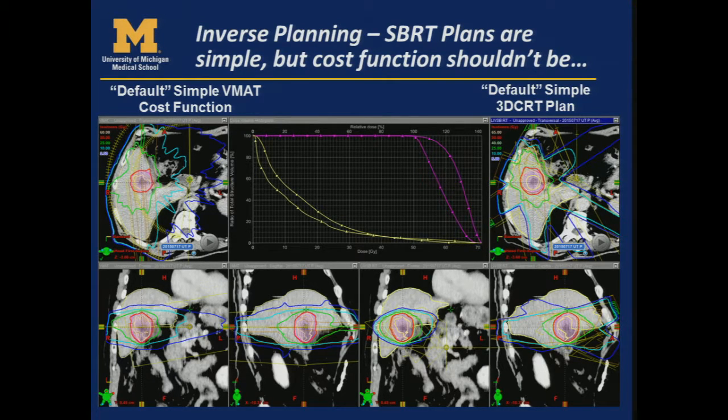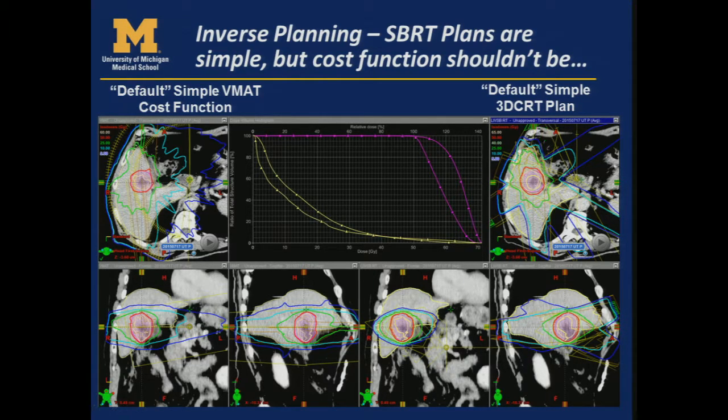Just a little thought about inverse planning. Many SBRT plans are actually very simple. We choose to use VMAT on them because it's a little bit faster for the delivery. But setting up the cost function maybe is not as simple as you think it would be. So this is just an example of taking a very simple 3D conformal plan where we have set limits.